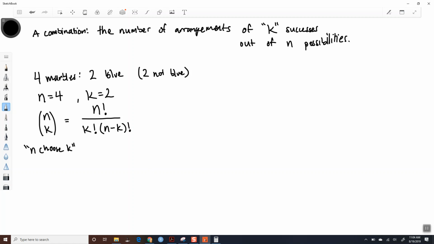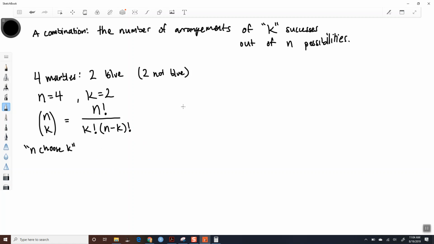No need to memorize this. You probably have a button on your calculator that will do this, and if you don't, I'll be sure to include this formula on any tests.